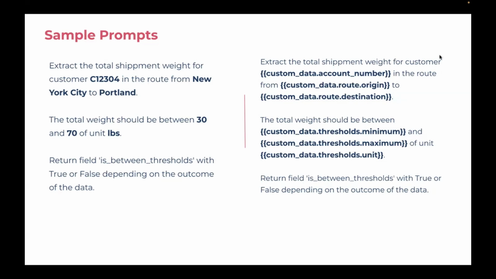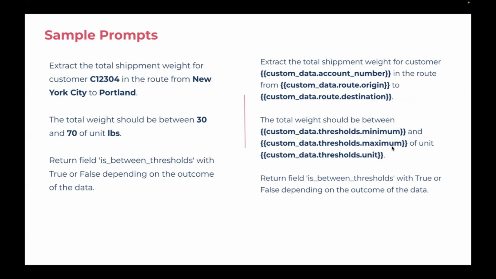So when this particular prompt is triggered through an API, it fetches these details from your local internal systems. So you have the account number, the origin, the destination over here, and the threshold is also in modular architecture, so it's fetched from an internal system, and it's enough if you have to change the values over there, and it automatically gets reflected in your document workflows.